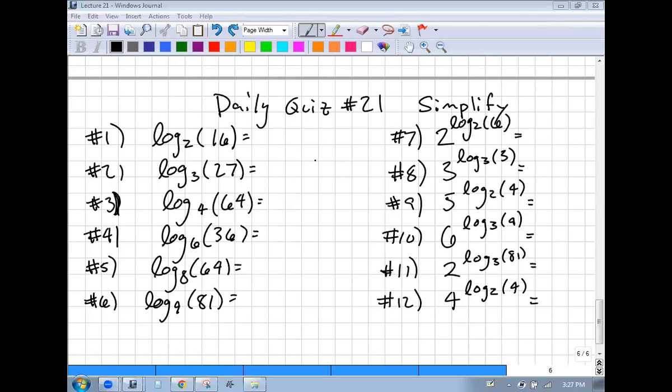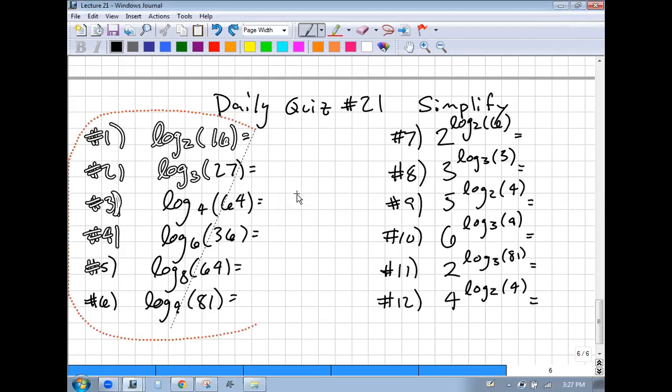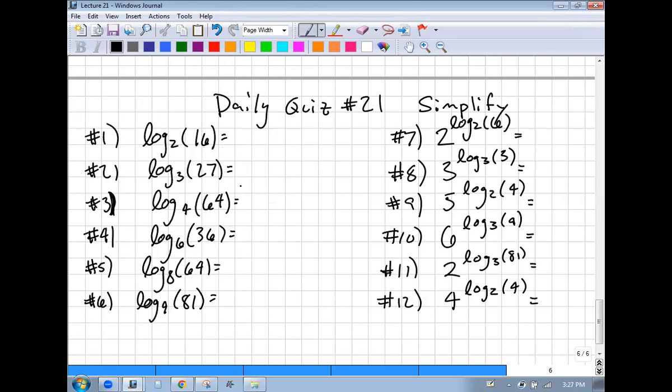All right, so let me squish these a little bit over here. So 16 is 2 to the 4th, right? 2 times 2 is 4, times 2 is 8, times 2 is 16.